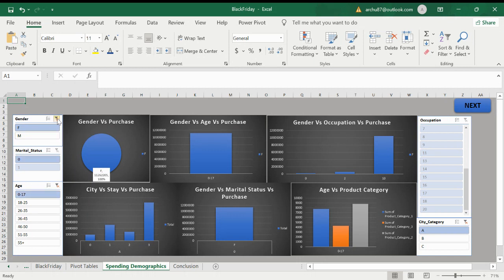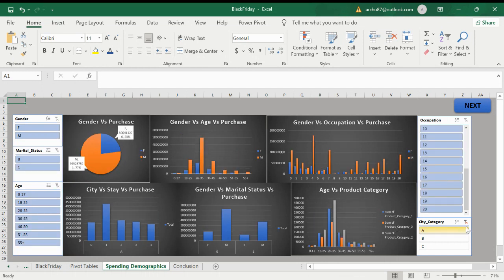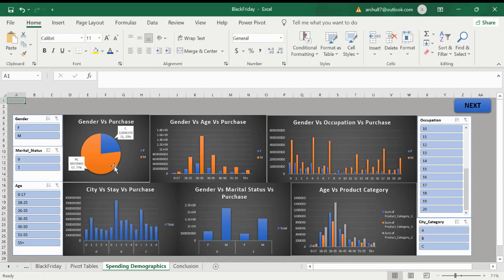And if I remove the gender and see the overall picture altogether, the male profile is more here. Female contributes around 23% of the data set sample size, and the male contributes around 77%.